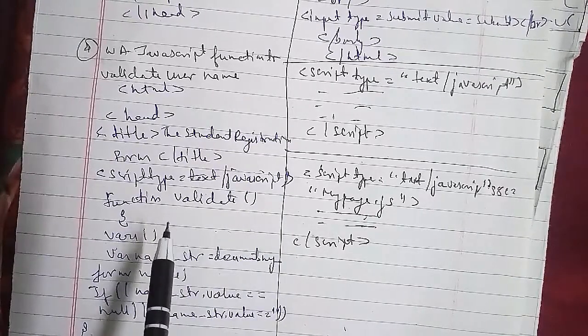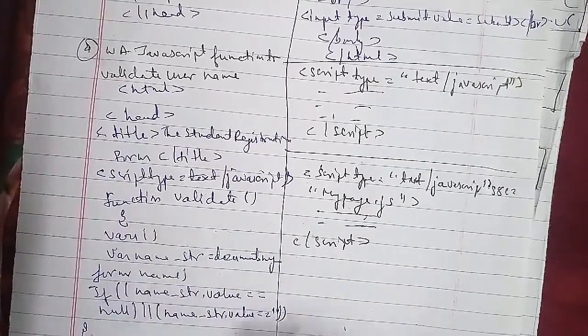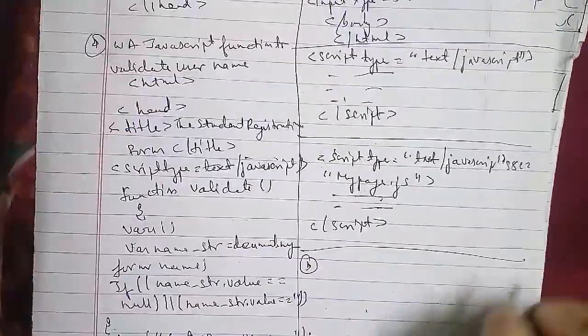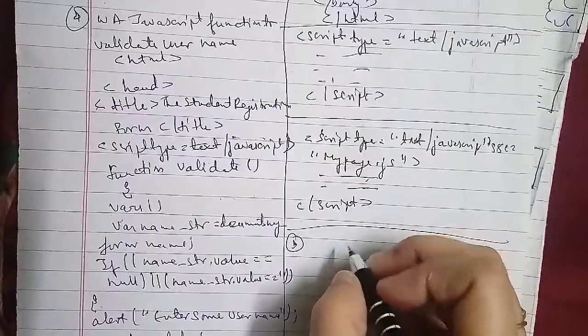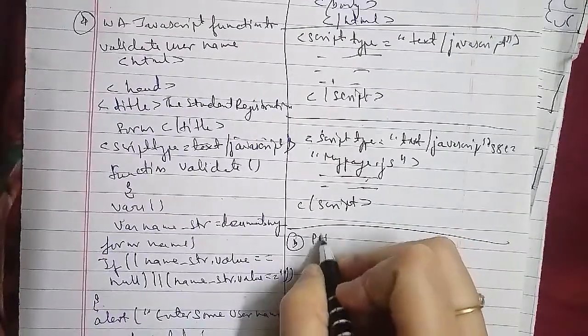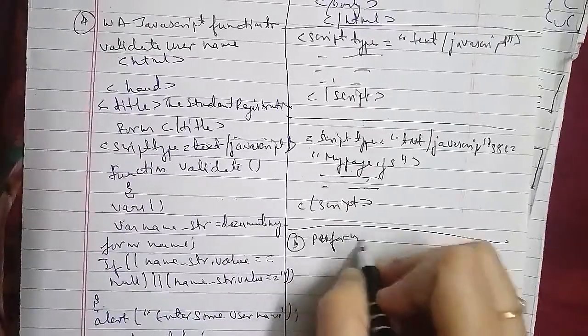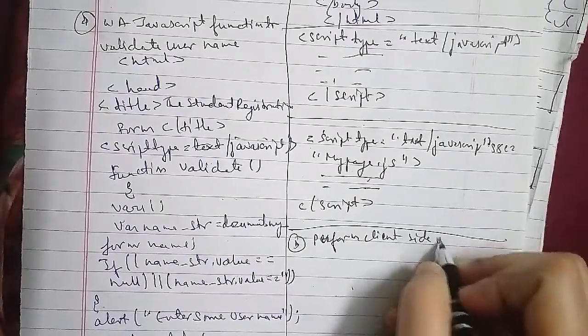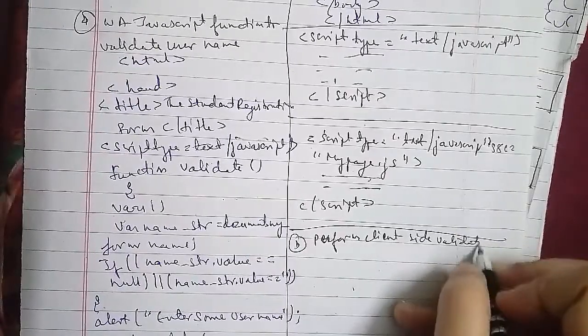If name str dot value equals to null, then start a curly bracket.